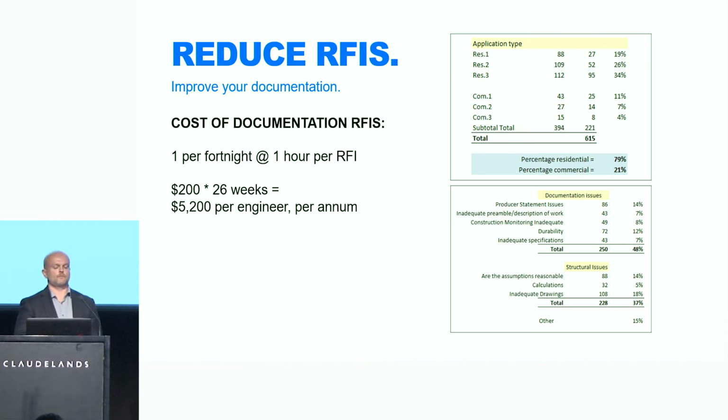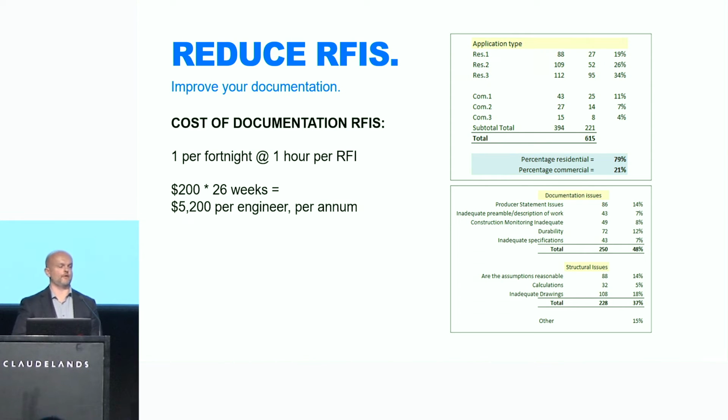So then how often does that happen? Maybe you get an RFI that you've got to answer like that, maybe only one every couple of weeks. But if you start to multiply that out, and let's say that we have a charge-out rate of a couple of hundred dollars an hour, and you multiply that with one RFI that really could have been avoided every couple of weeks, pretty soon you're looking at over $5,000 a year.